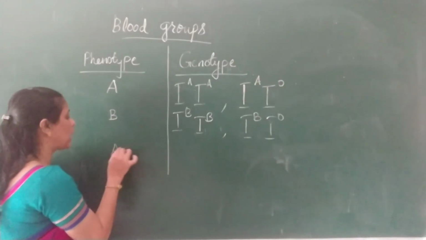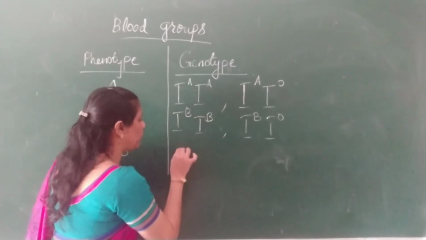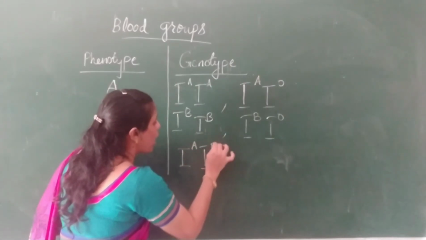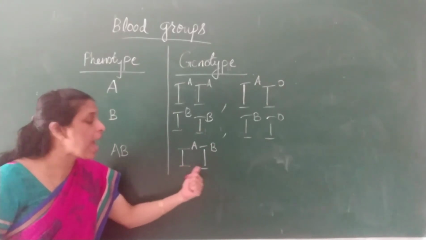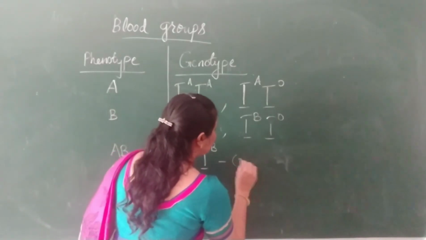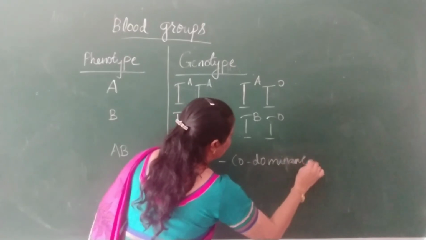Then what about AB blood group? For AB blood group, only one condition is possible, that is IAIB. Only one condition where both A and B are equally dominant, and this phenomenon is called what? Codominance.